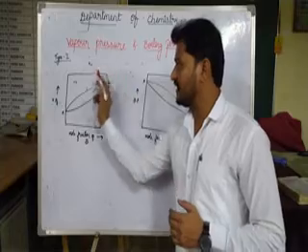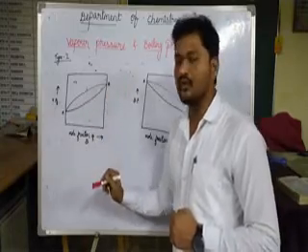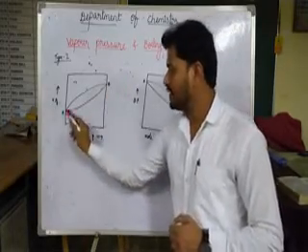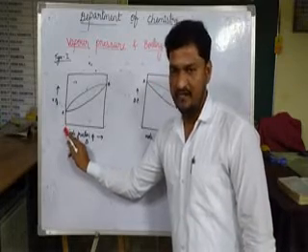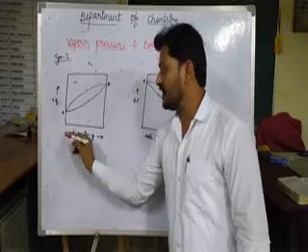So here when I drew this curve, we can make out one more point. At the point A, the mole fraction of A will be 1 and mole fraction of B will be 0.